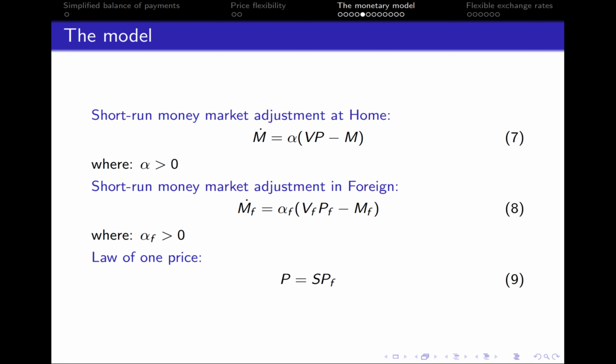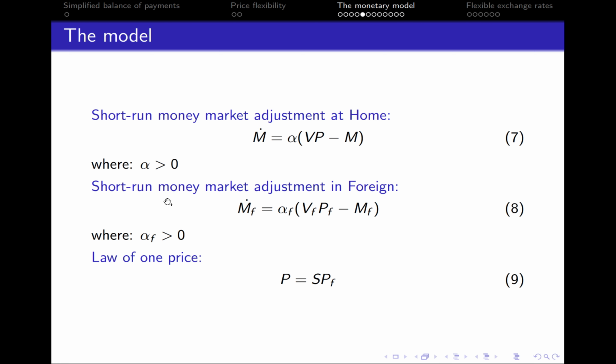I'm going to show you what it represents a little bit closer in a second. Let me just explain that in this case, I hope you can see that if money demand is higher than money supply, we will observe that the change in money is going to be positive. So we will observe some inflow of money. How is it happening? In a second.